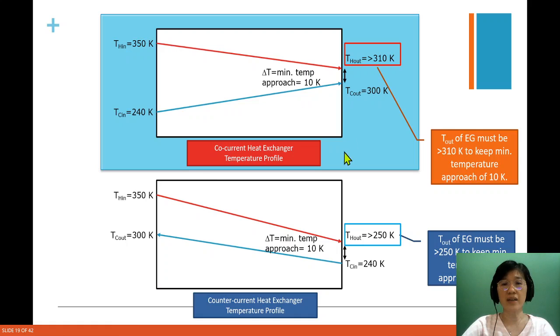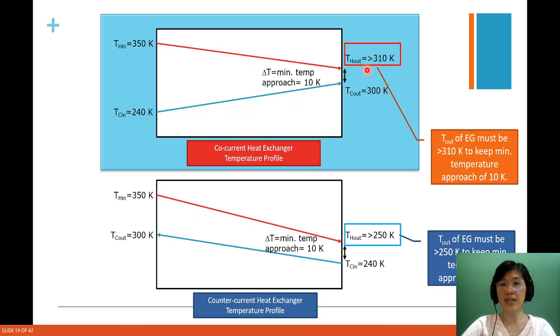If it's a cocurrent heat exchanger, the minimum temperature approach here is the temperature difference between the outlet temperature of your hot stream and the outlet temperature of your cold stream. It must be at least 10 Kelvin to ensure effective heat transfer.